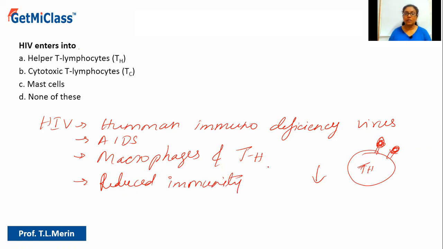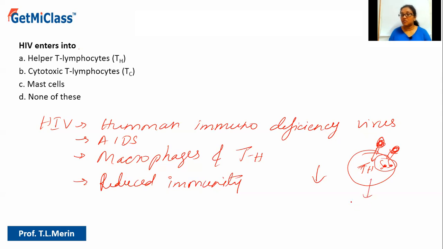Now inside the T helper cells, what happens? They will multiply. They will inject their genome, which is nothing but the single stranded RNA. The two copies of single stranded RNA, they have their enzyme which is called reverse transcriptase. So they attack the cells and enter into them. That means they release their genetic material, that is RNA, and this RNA will code for DNA.